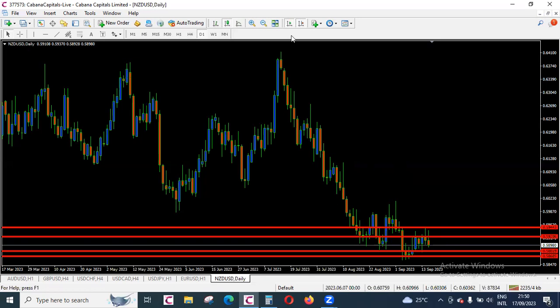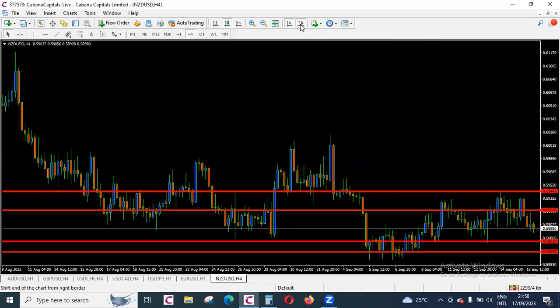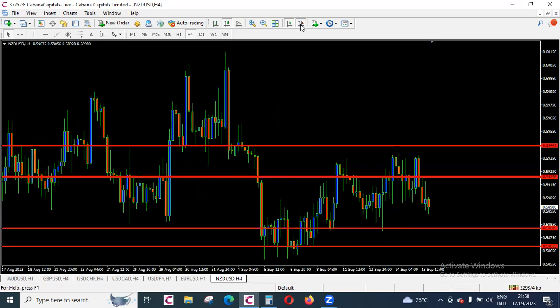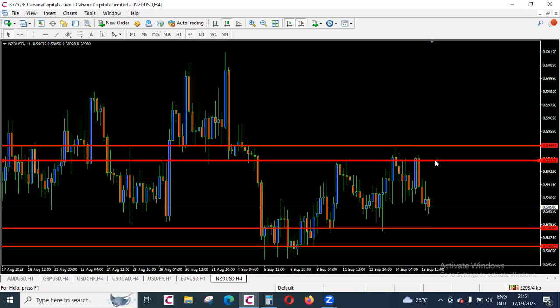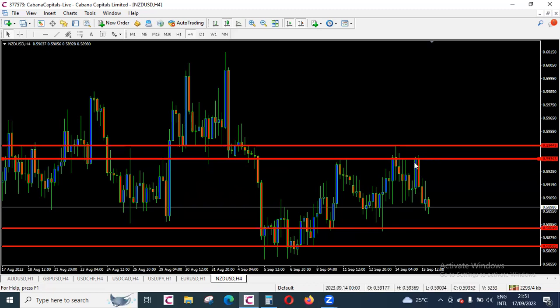Let's go to 4-hour. Okay, so this is the most recent resistance on 4-hour time frame. So you should wait for price to break out from this resistance.